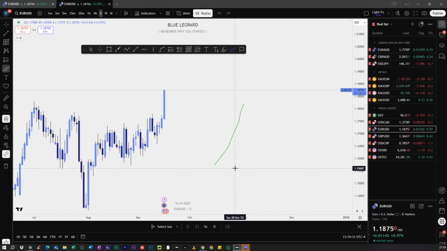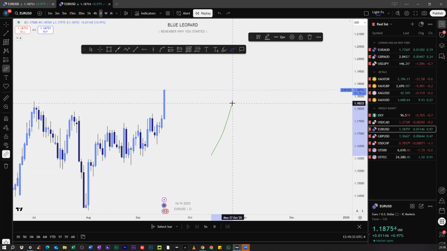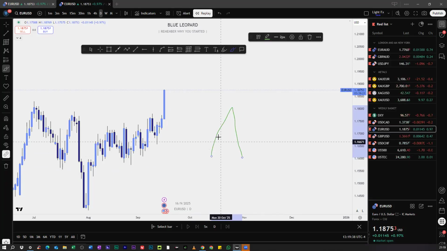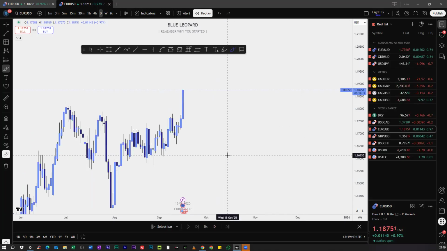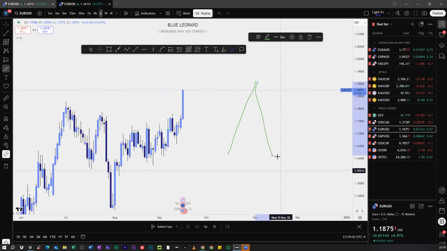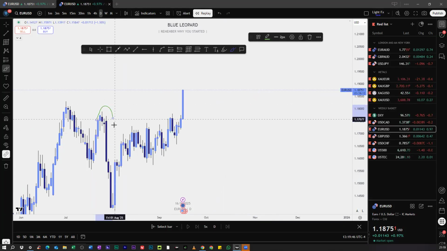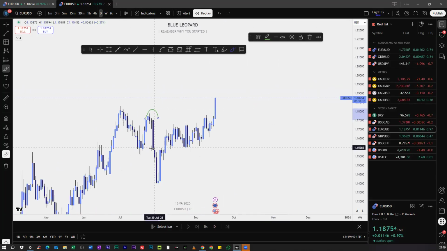Now, what characterizes another expansion in the opposite direction? Okay, if you have two expansions like this, it's called a reversal, okay? Like we had here, this was a reversal because this expansion breaks structure.